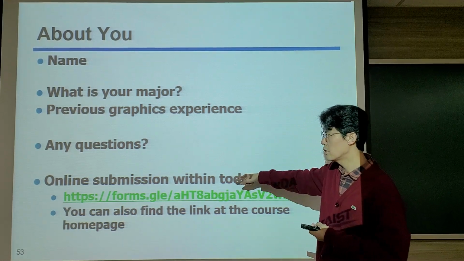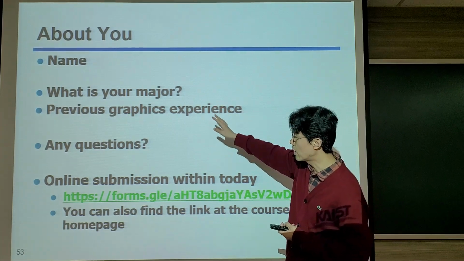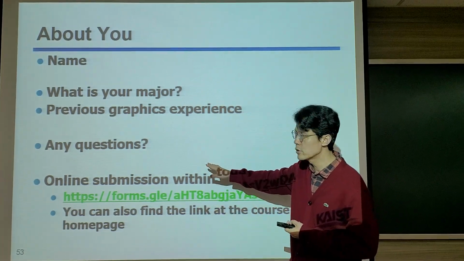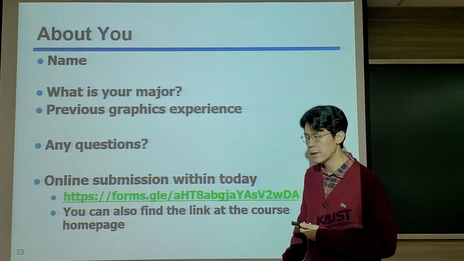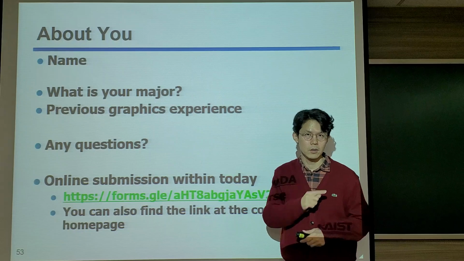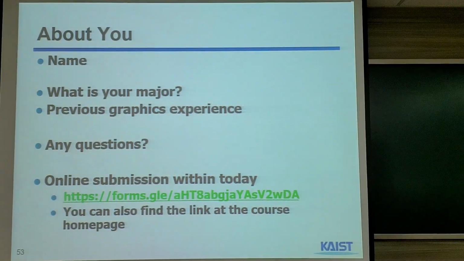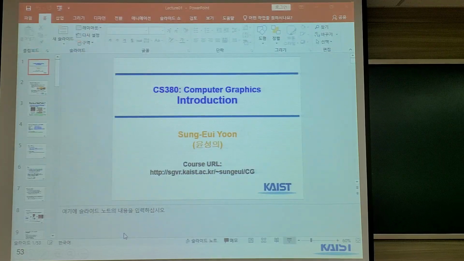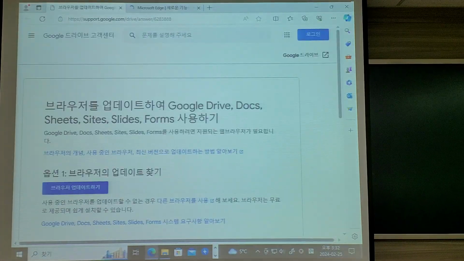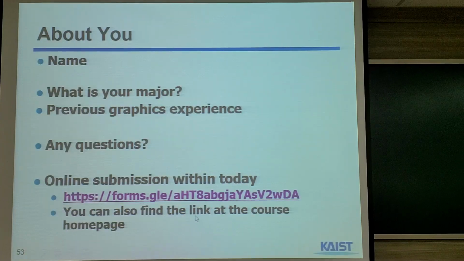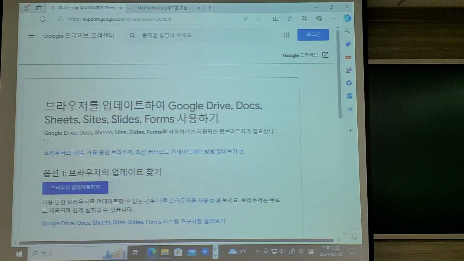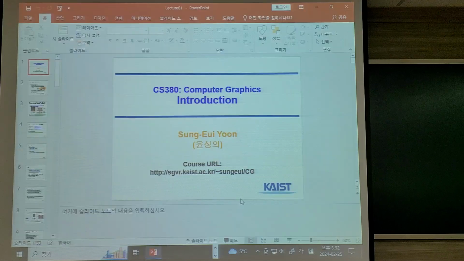You can provide this through this form. I recommend you do that within today, within Monday. Let me access this link from the computer over there. Okay, if I click this one, it will link to it. Sometimes in some cases this might not open the link properly.